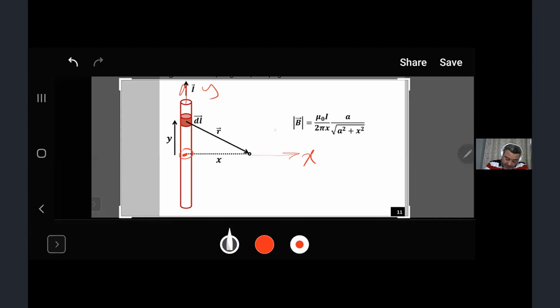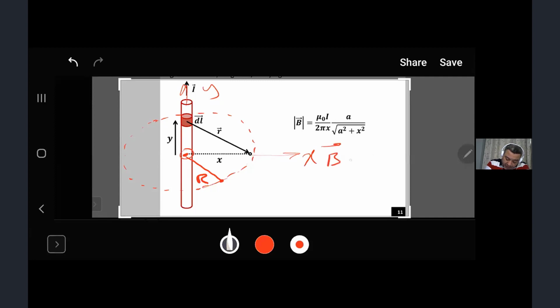If I look at this circle surrounding the wire, then here it is x. Here would be the radius r, right? But when this radius is aligned on the x-axis, then this r can be x, which is a special case. Now, what is the direction of the magnetic field for this one?